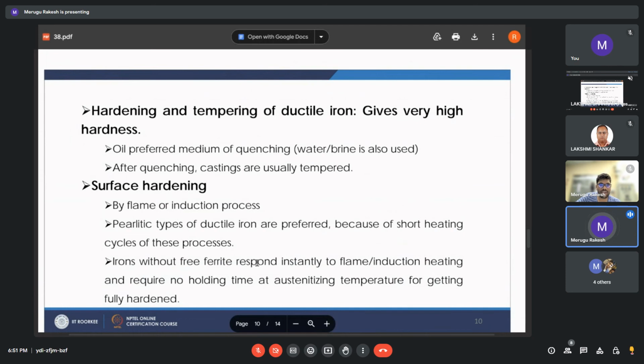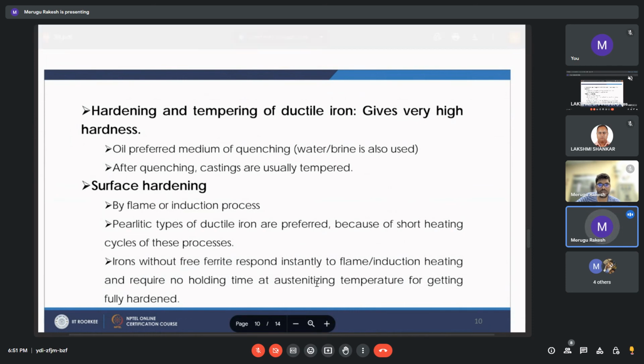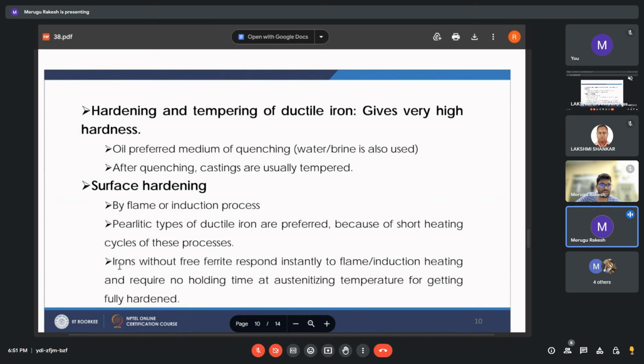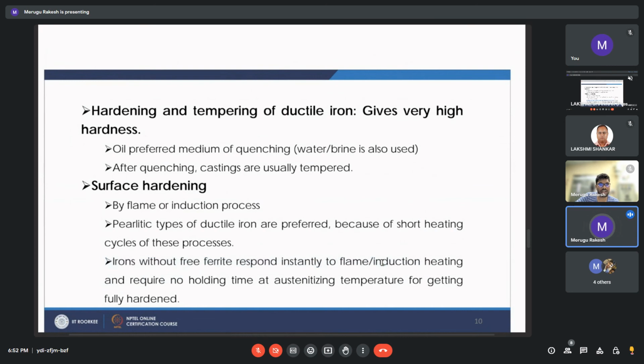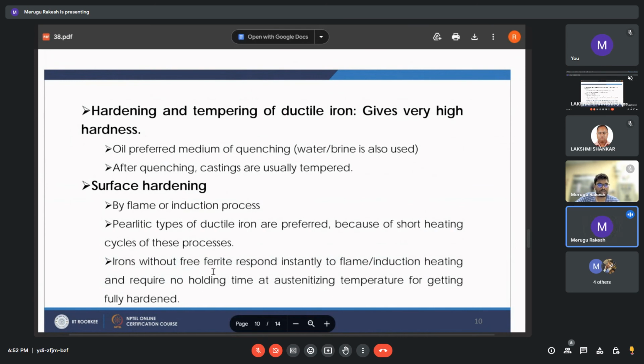Irons without free ferrite respond initially to flame induction hardening and require no holding time at austenitizing temperature for getting fully hardened.